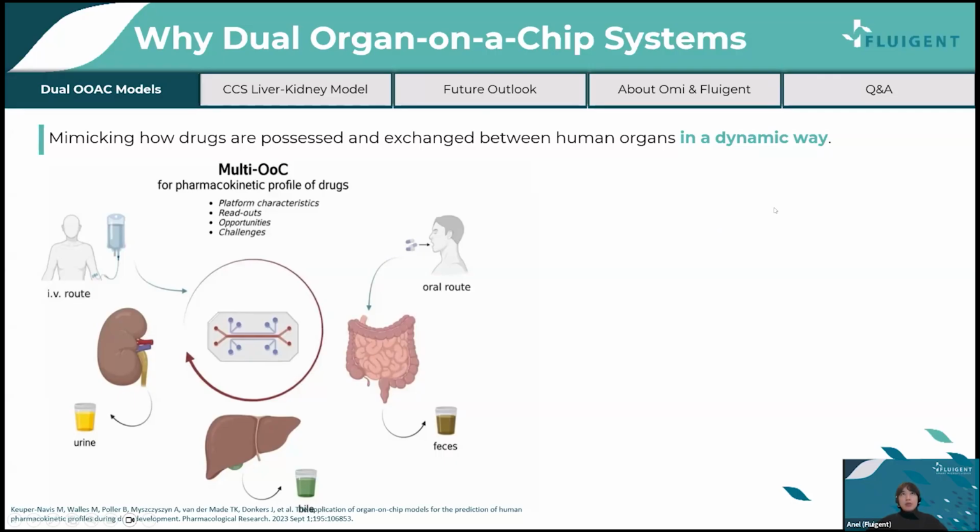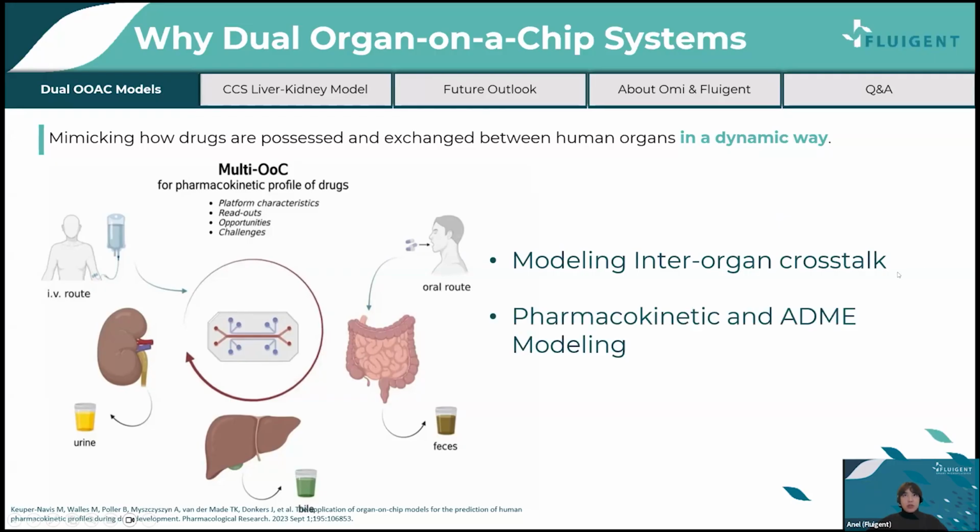It can be done with organ-on-chip systems as well as organoids to model inter-organ crosstalk, to have isolated studies on pharmacokinetics and ADME modeling, and also to study toxicity and metabolites. Dual organ systems help isolate the specific contribution of each organ while capturing crosstalk at the same time, making them a very powerful tool for mechanistic studies.